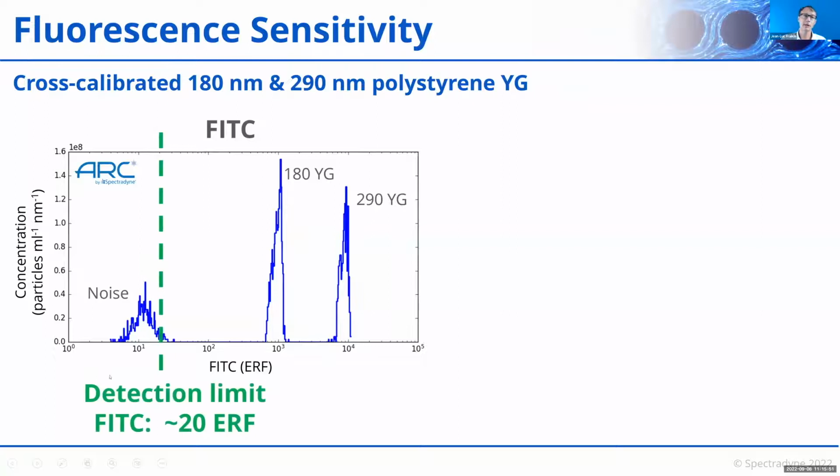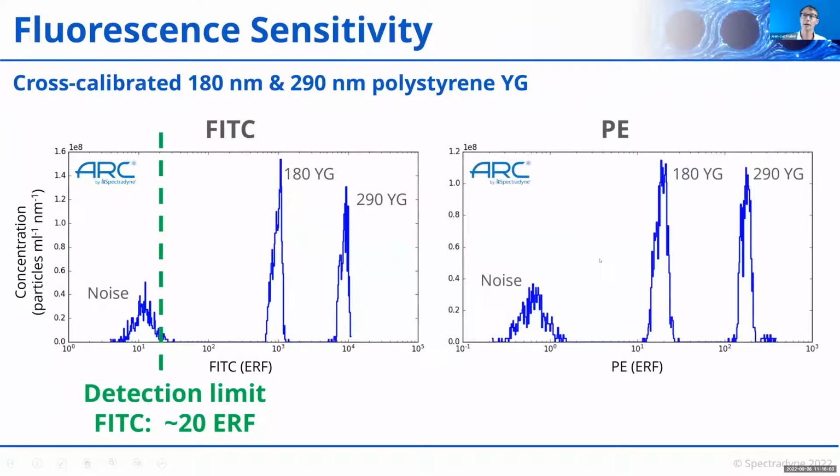Based on this measurement, we can see that the detection limit in the FITC channel is somewhere around 20 ERF, right? Approximately 20 ERF. We can do the same thing for the PE channel, and when we do that, we attain a detection limit of about 1 ERF unit. So these sensitivities are very high and compete very strongly against conventional flow cytometers that are on the market right now.